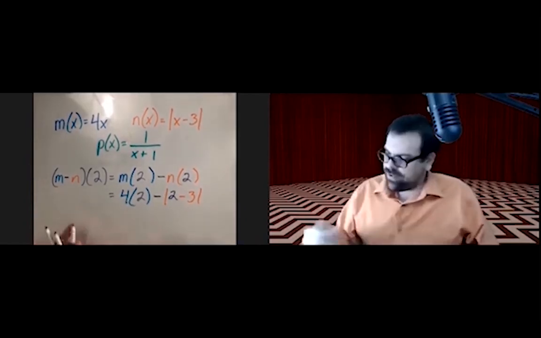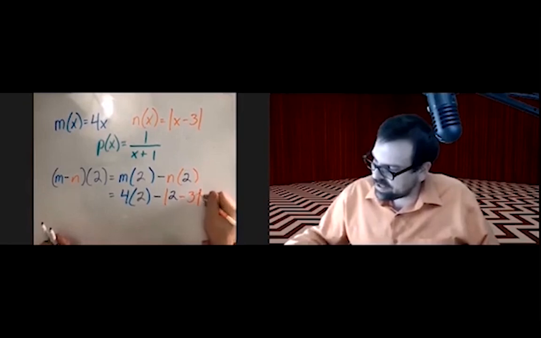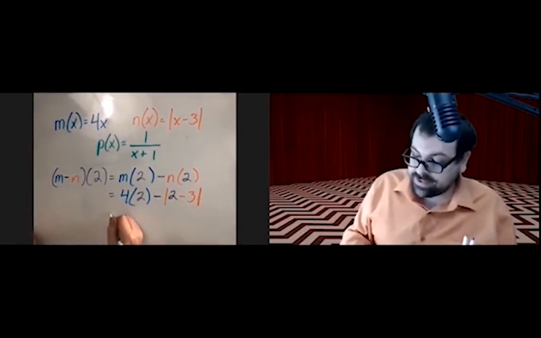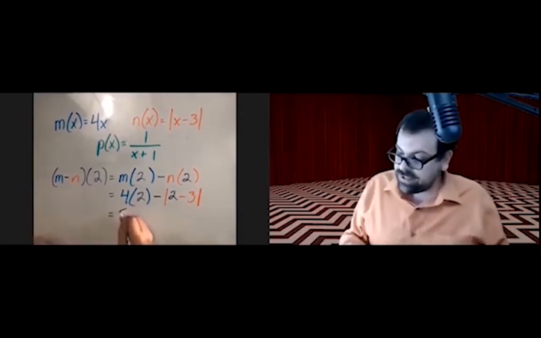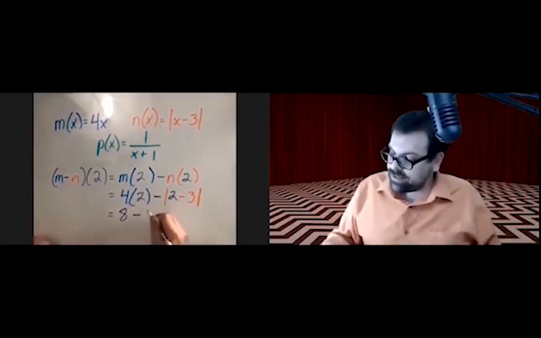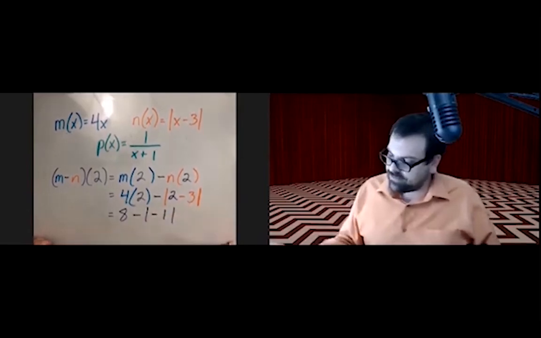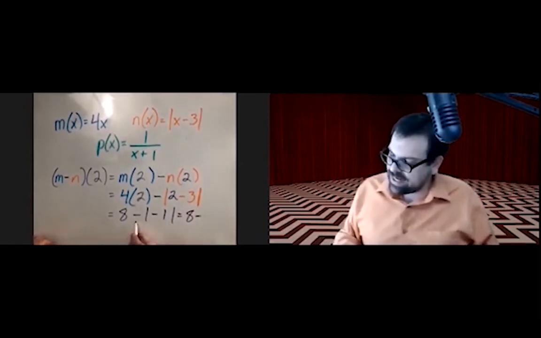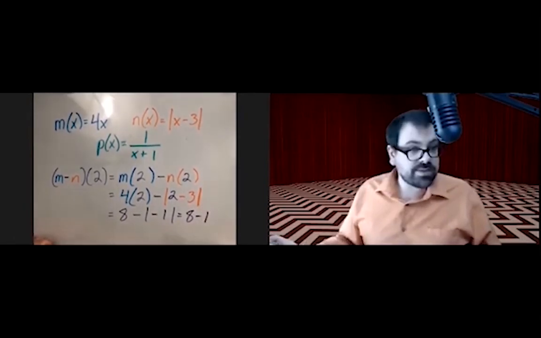That's not a 31, that's a 3 and the end of our absolute value. Let's simplify. 4 times 2 is 8, minus the absolute value of 2 minus 3, which is the absolute value of negative 1. The absolute value of negative 1 is positive 1, so this is 8 minus positive 1.